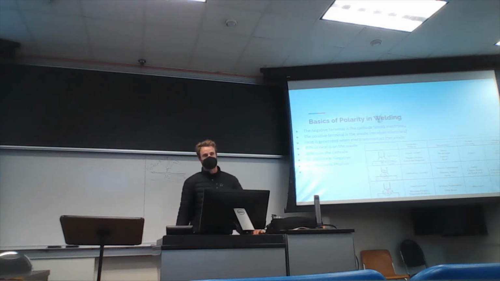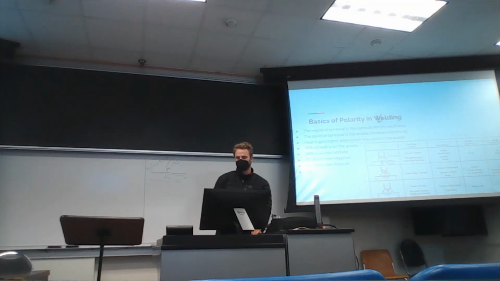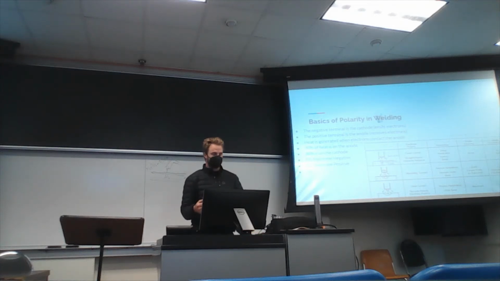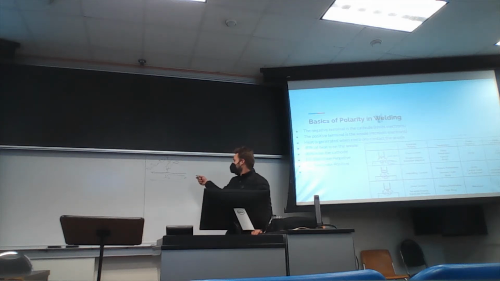differences between direct current and alternating current and electropositive versus electronegative. In electropositive, you've got shallow penetration. You won't be able to make a very strong weld using DC electropositive on the TIG torch.